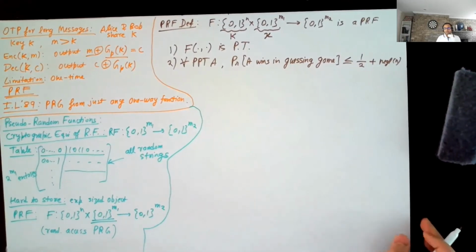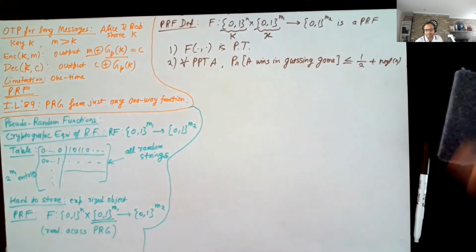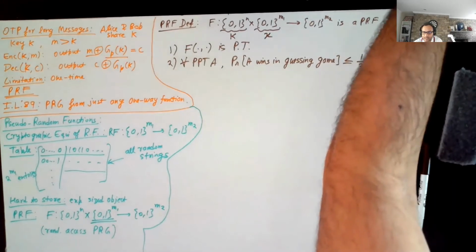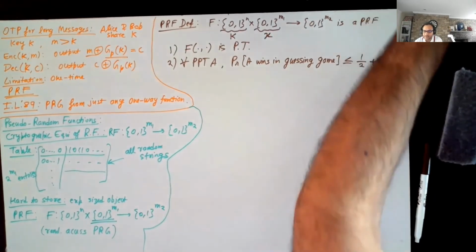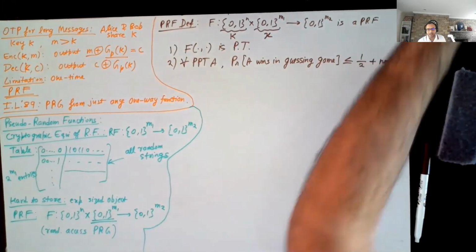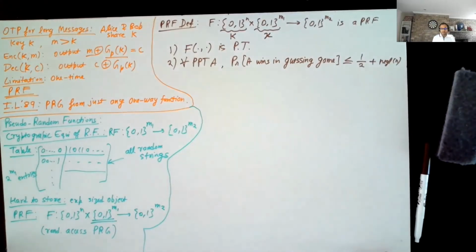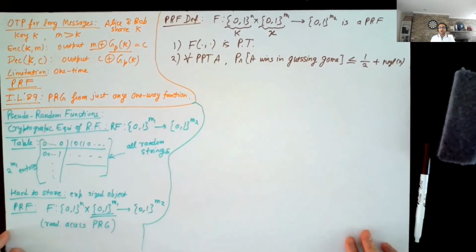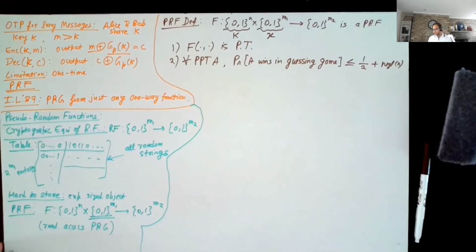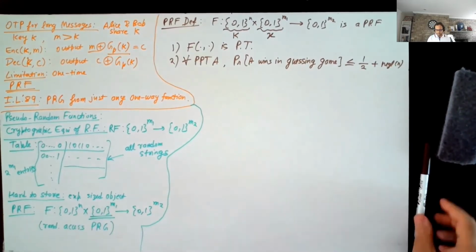And just looking ahead, what is the guessing game? In the guessing game, the adversary interacts either with a random function, making polynomial number of queries, or it interacts with a pseudo-random function. And this adversary cannot tell the difference between the two.